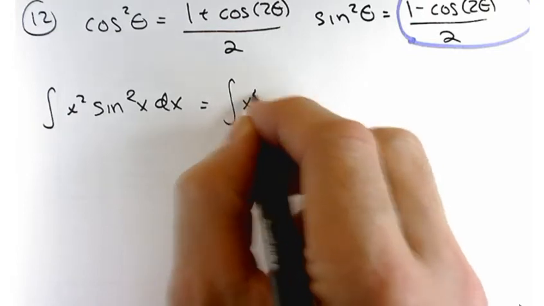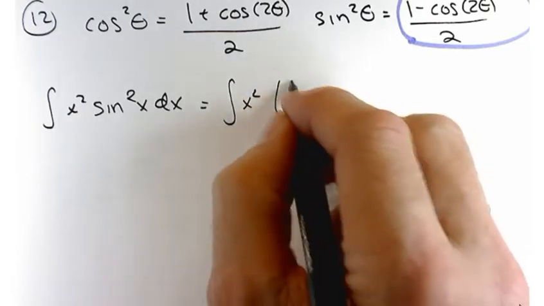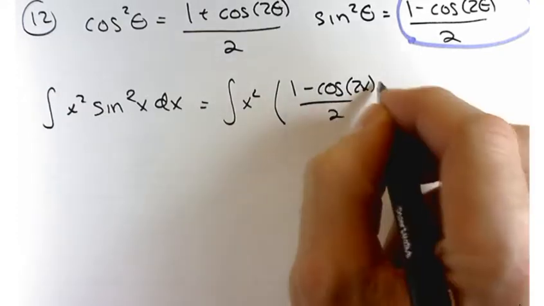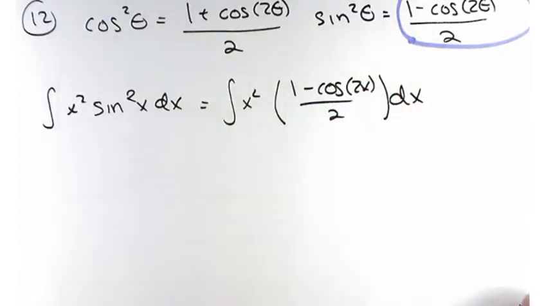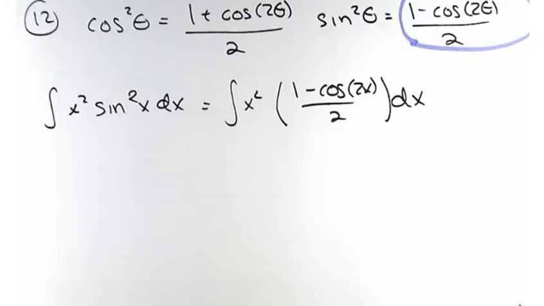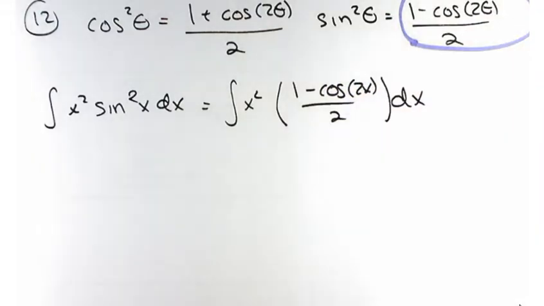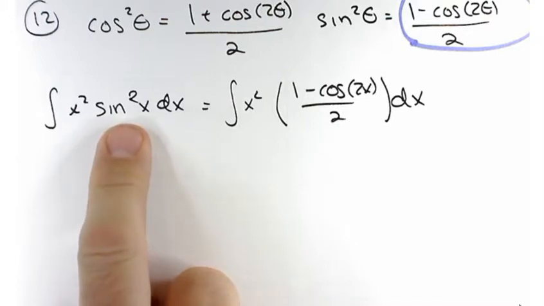And let's plug that in and see what good that does us. Well, that would be the integral of x squared times 1 minus cosine of 2x divided by 2 dx. The nice thing now is that at least my trigonometric function is to the first power, and I can integrate that. We can't integrate sine squared directly.